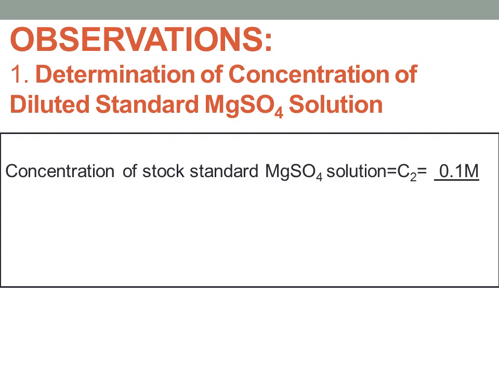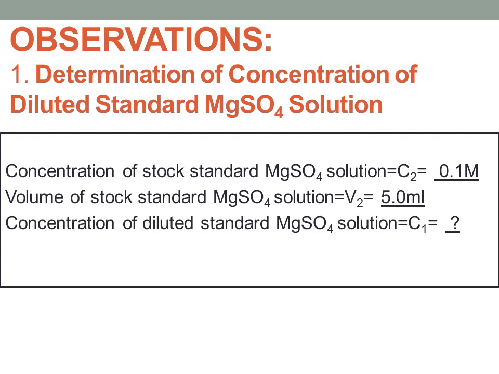You took 0.1 molar stock standard magnesium sulfate solution, took 5 ml of it and made up to 50 ml. So concentration of stock standard magnesium sulfate solution C2 was 0.1 molar. Volume of this solution V2 was 5.0 ml.